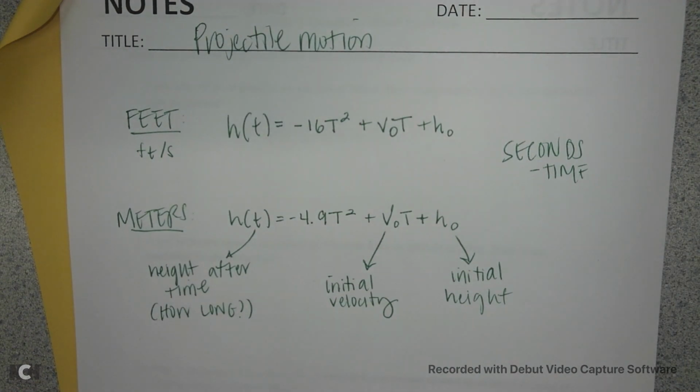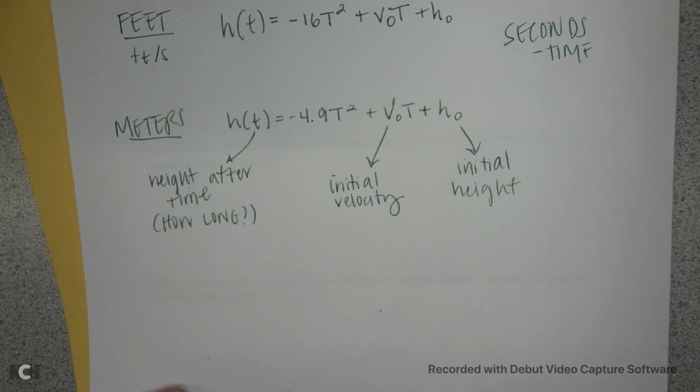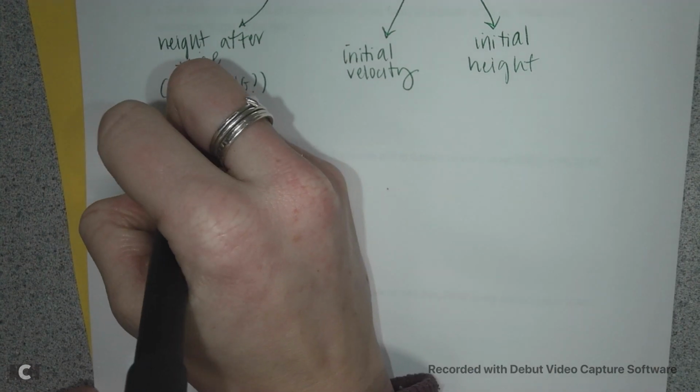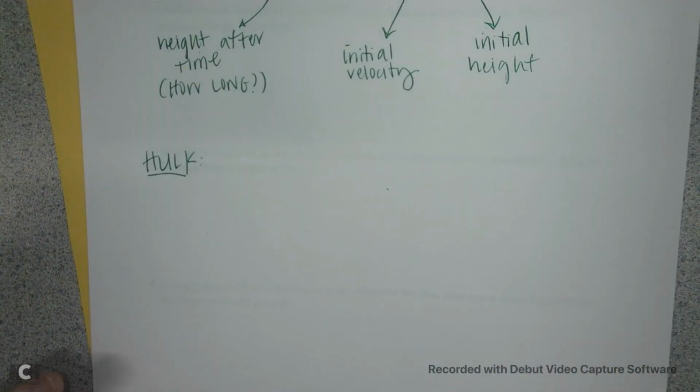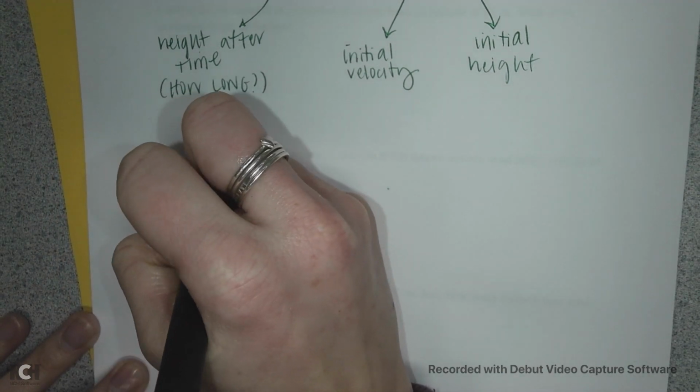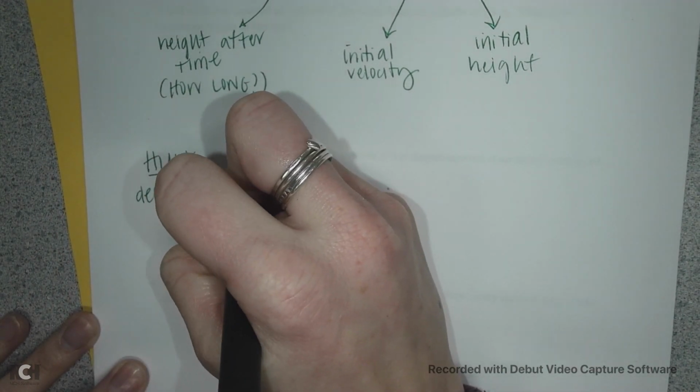Alright, so here's an example for you. Let's say we're talking about the Hulk. And the Hulk wanted to demonstrate his jumping abilities.